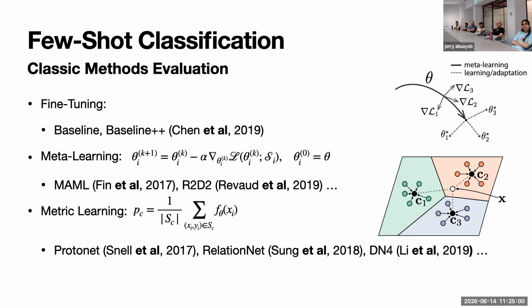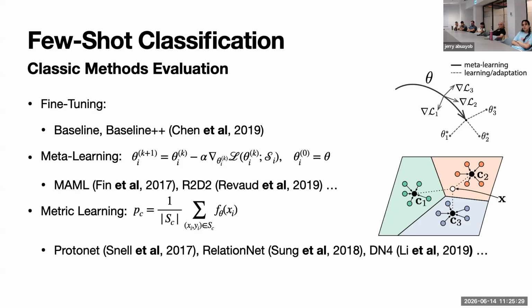The algorithm that we will use today is called the protonet, or prototypical networks. As you can see on the right hand side of the screen, let's say that we have 5 shots from 3 different classes, and our query sample is the white dot. Protonet computes the mean embedding of the whole support set for each class.